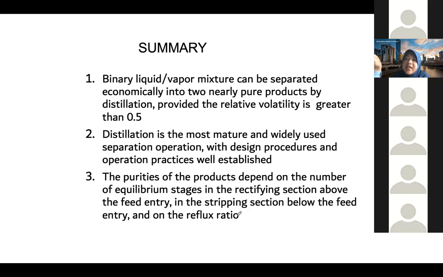But if we have a low reflux ratio, the purity may not be good, but with more product. So it's really a trade-off. What do you want? What is your purity? What is your amount, the output of your distillation column? What is your capacity? Maybe later on it would be connected to the next stages of your process. It really depends.